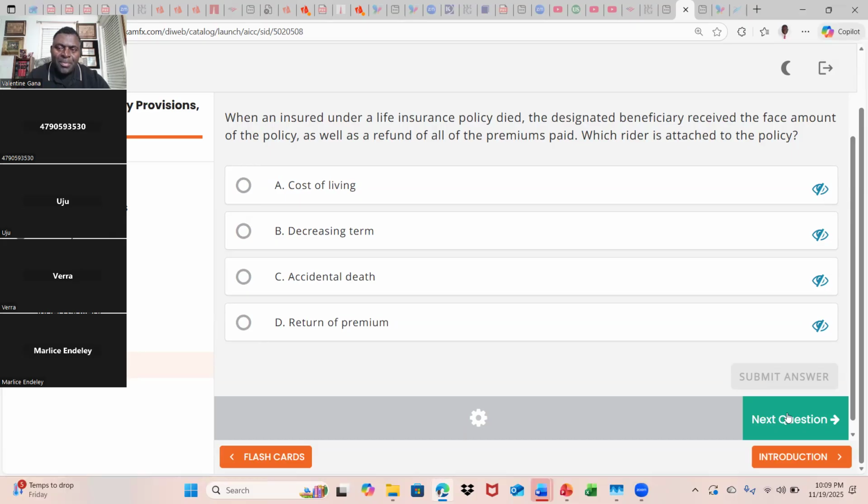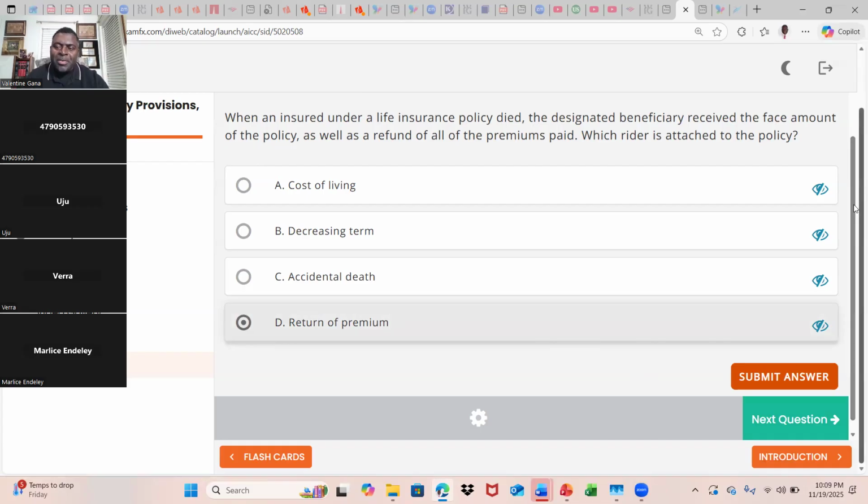Which rider is attached to the policy? Return of premium. Somebody mentioned the answer. What was that? Return of premium. Correct.